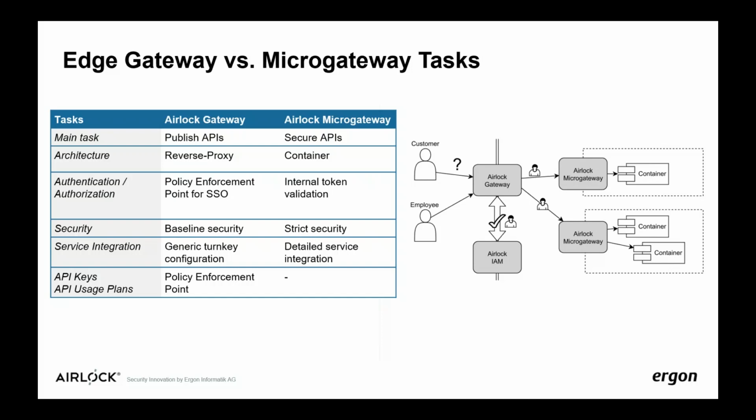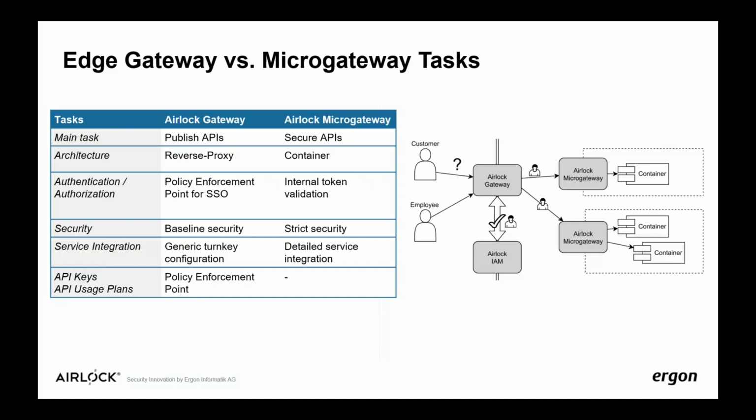As I said, the Airlock Gateway should have a baseline security, so keep it simple. Be sure that you don't have to do many changes on the Airlock Gateway, that you don't have false positives on the Airlock Gateway, while the Airlock Microgateway will have the detailed service integration. And the nice thing is, since you're using containers, the developers will be able to deploy those containers inside the development environment.